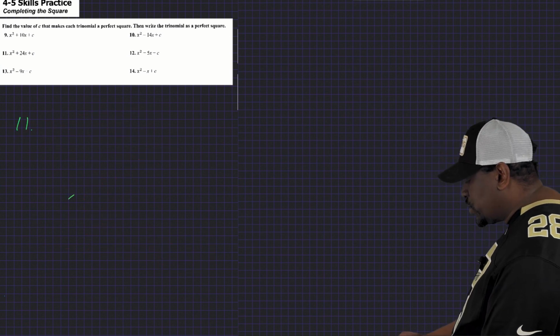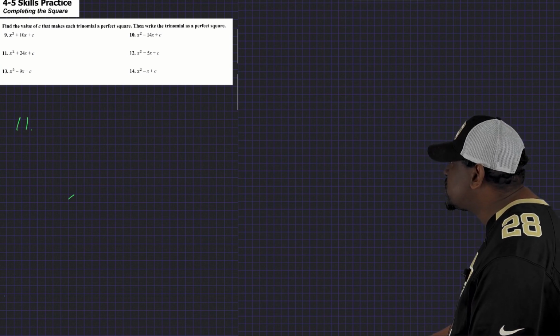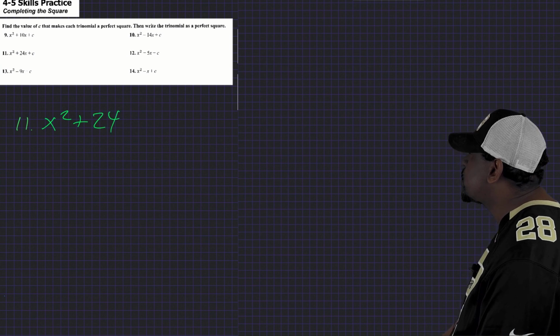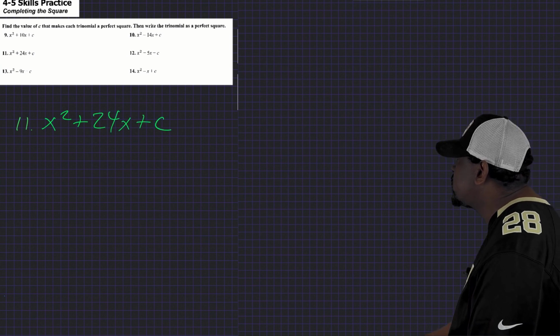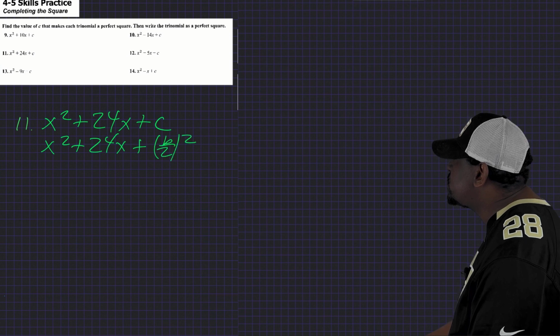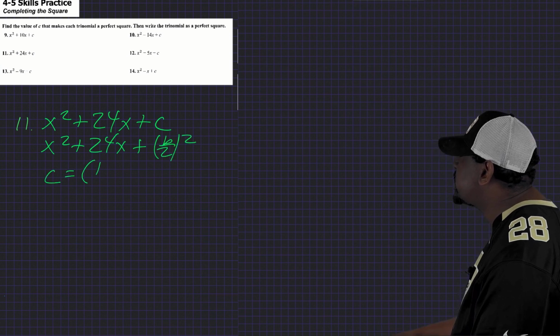So now we're going to do number 11. We have the problem x squared plus 24x plus c. Again, we will write that same general formula of x squared plus bx. We know the third term, c, is b over 2 squared, so we write that.